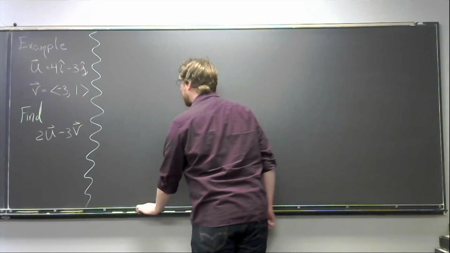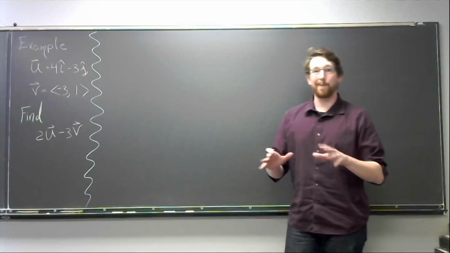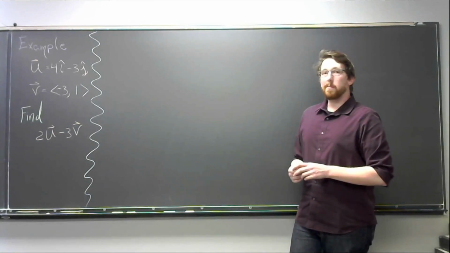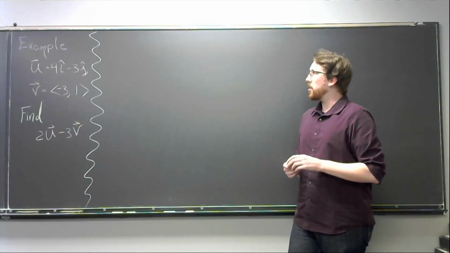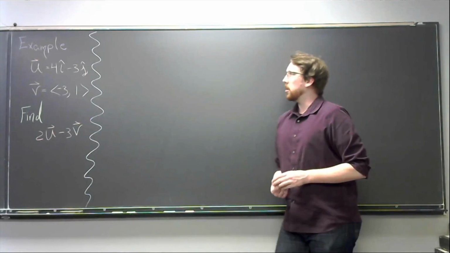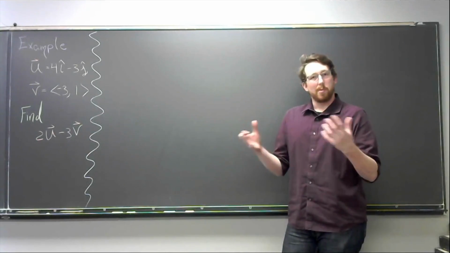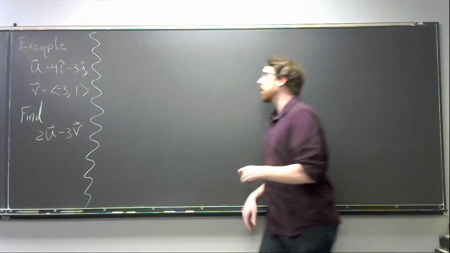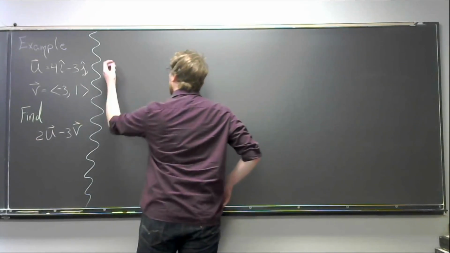Well, the first thing we're going to do is put them in the same form. One's in that ijk form, and the other one is in our traditional component form. So we want to put them in the same form so we can actually do things with them. Let's start with u.